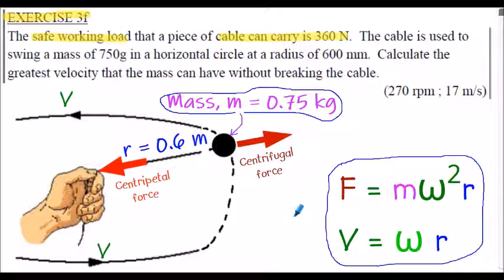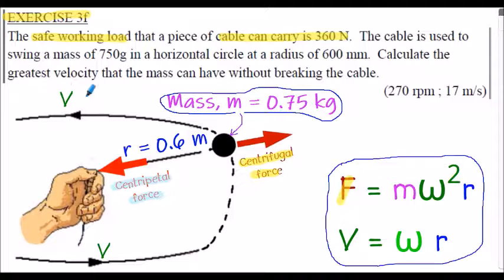So again, considering analysis here, we know we must have a centripetal force acting inwards to produce a circular motion. Applying D'Alembert's principle, then we have an equal and opposite centrifugal force acting out, labelled F here, which is actually the 360 newtons. That's the safe working force in the cable.